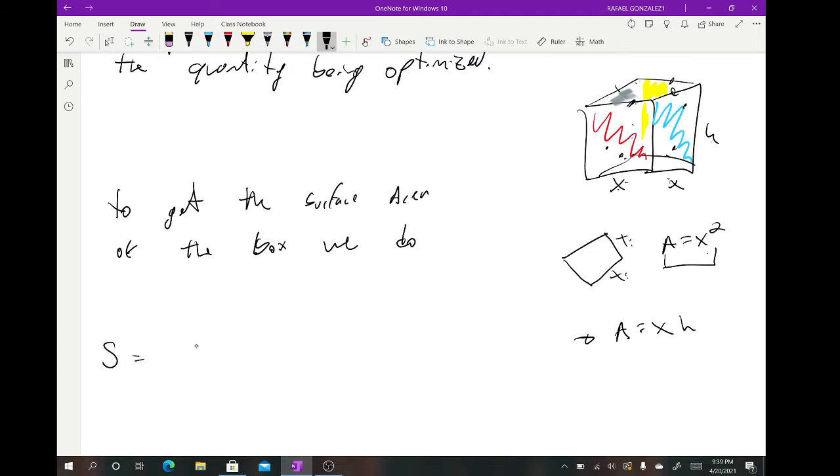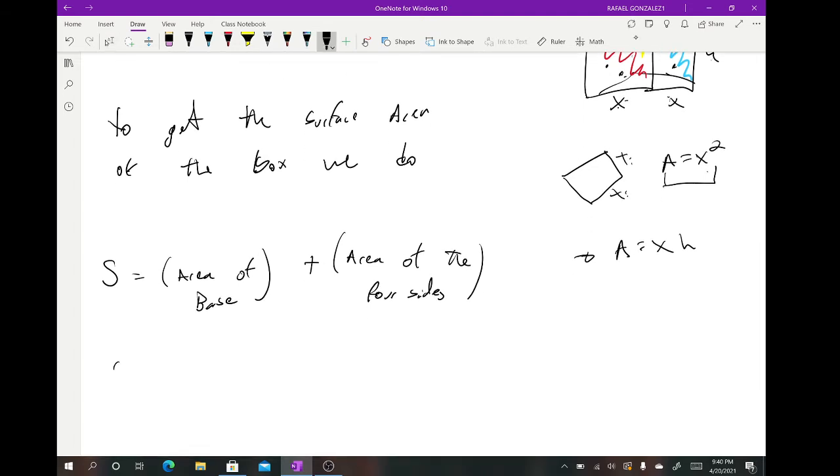We do S for surface area is equal to, like I just said, the area of the base plus the area of the 4 sides, which means that S is actually equal to x squared, because that's the area of the base, plus 4 times the number of sides that I have. I have 4 sides, so it's 4 times x times h.